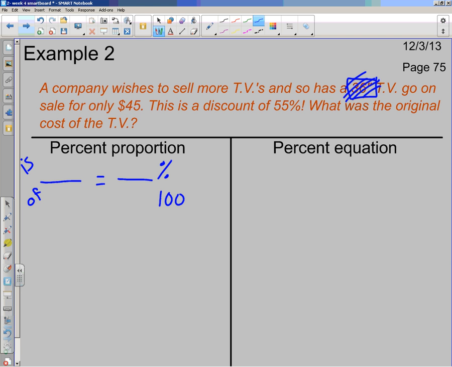The percent we're dealing with is 55%, and we always have a 100 down here. And now we have to find out the is and the of. So $45 is the cost of the TV now after the discount. That's a discount of 55%. We want to find out the dollar cost of what that discount is.